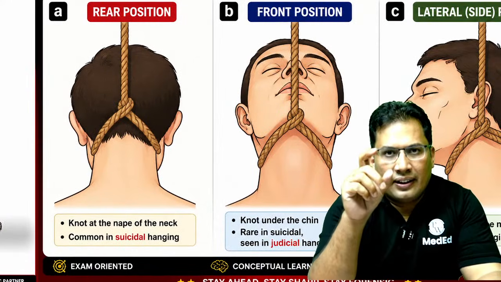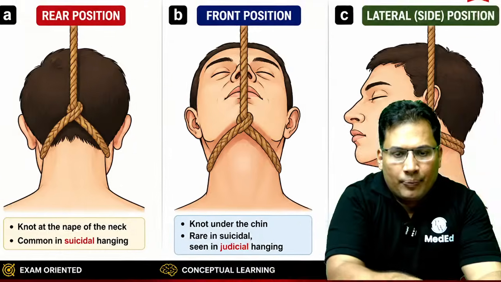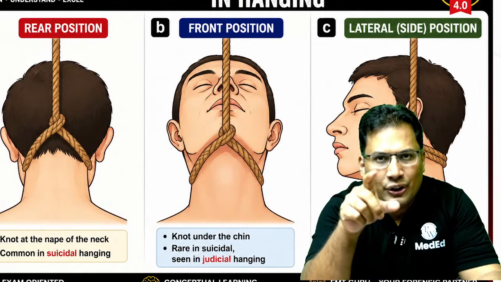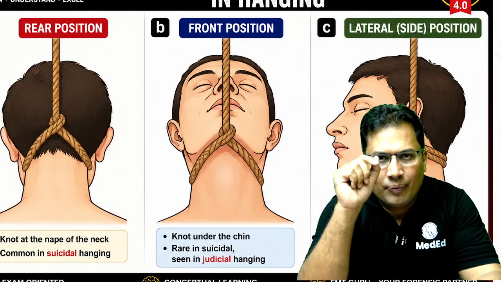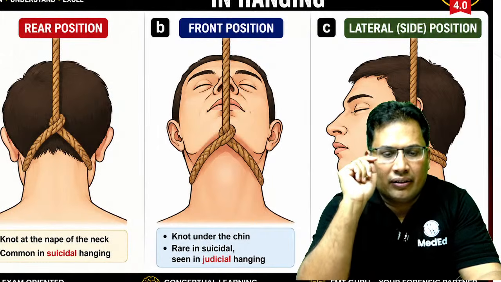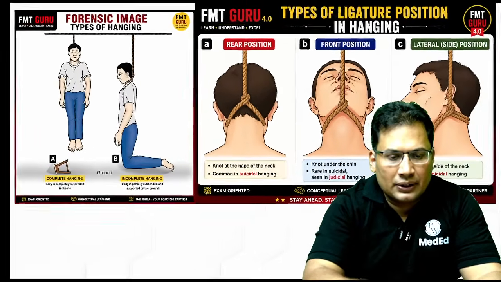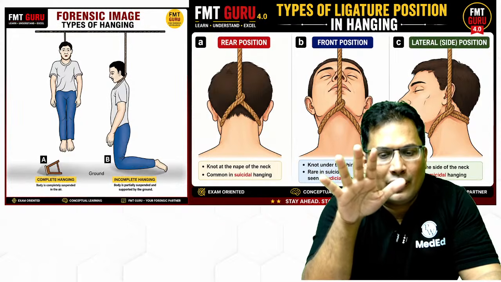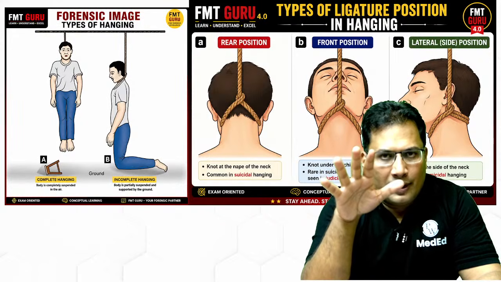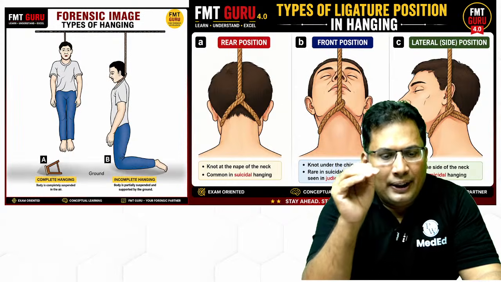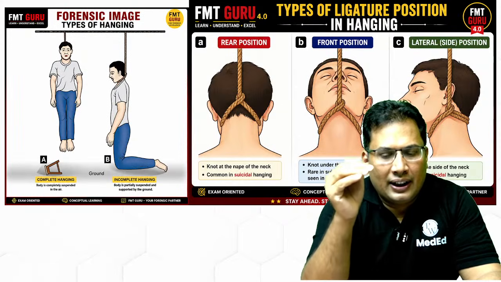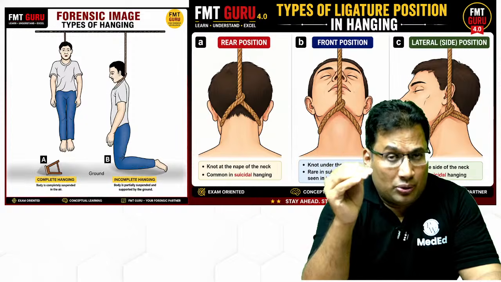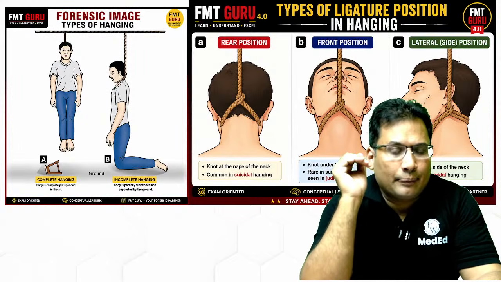The knot is at the nape of the neck, typical hanging. Submental position, judicial hanging, and atypical hanging. So everything in one picture. So after the class, go through this. There are 5 images given to you. Okay. So complete, partial hanging, typical hanging, atypical hanging, and also judicial hanging, submental.